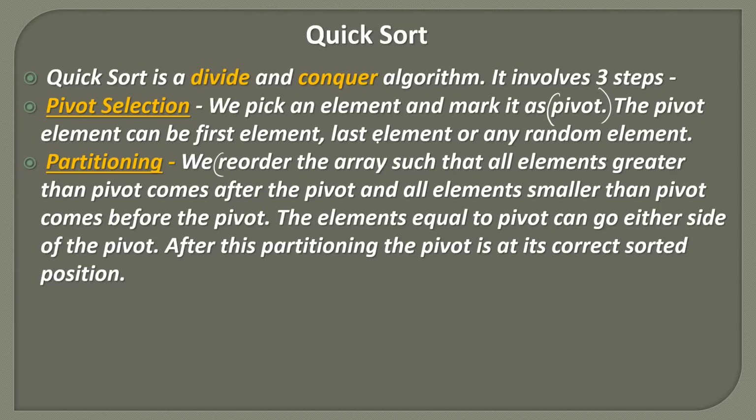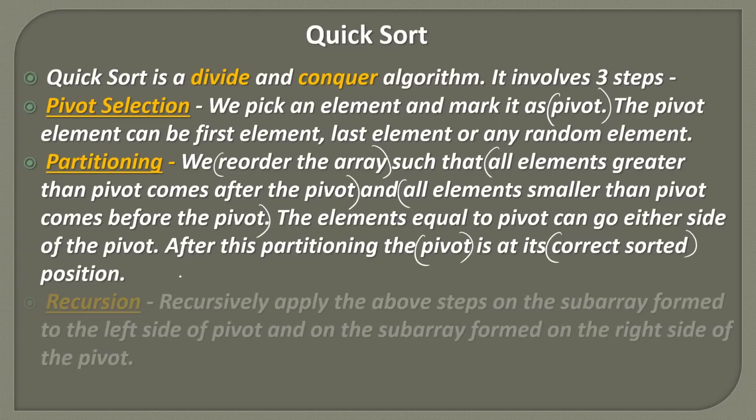We reorder the array such that all elements greater than the pivot come after the pivot, and all elements smaller than the pivot come before the pivot. The elements equal to the pivot can go on either side. Once this partitioning is done, the pivot is at its correct sorted position. We already discussed this in our previous video.